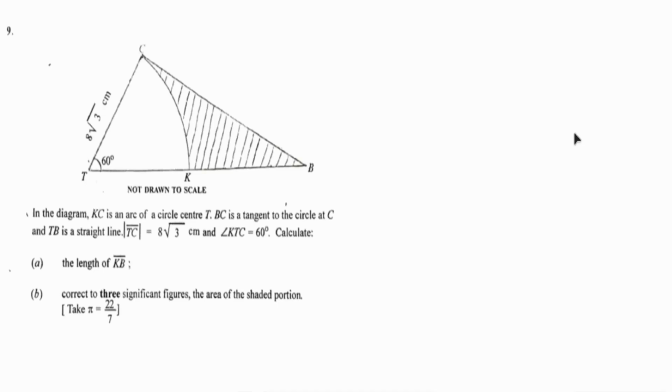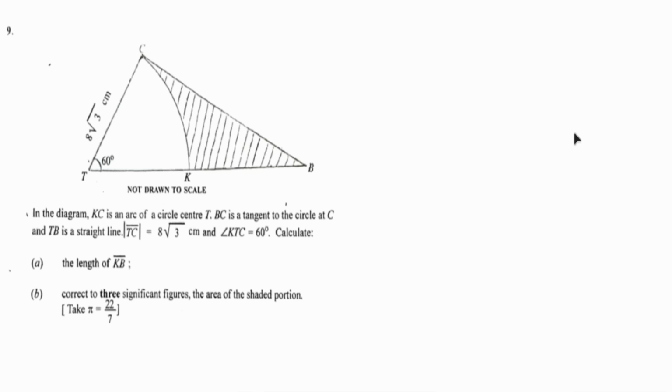Today we are taking essay question 9 of the 2024 WASSCE core mathematics paper written by Ghana, and it has a diagram that is not drawn to scale. In the diagram, KC is an arc of a circle center T. BC is a tangent to the circle at C, and TB is a straight line.